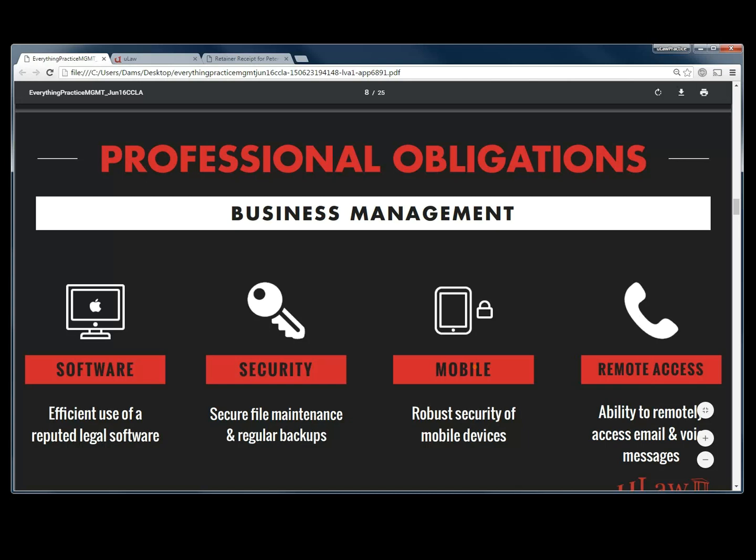You don't want to accidentally tweet to someone, and Twitter has picked up some of your clients. So make sure you secure your mobile devices. And finally, remote access. When you're accessing email and voice messages, make sure you put the proper safety and security safeguards in place so that you can efficiently do these things.